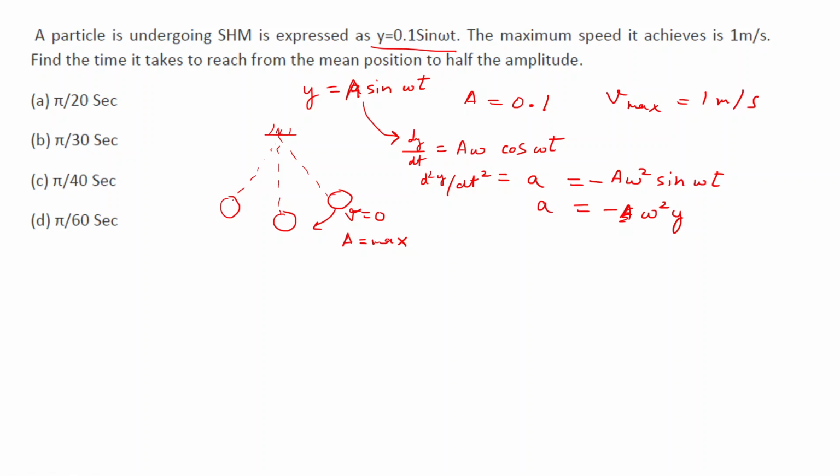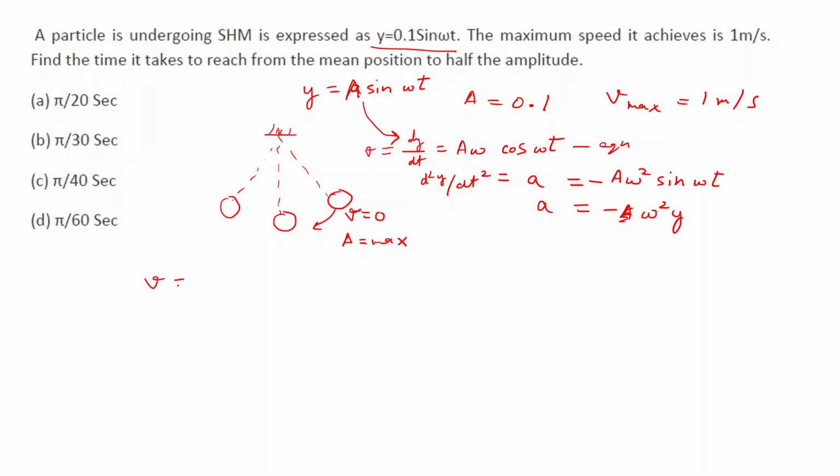So this is the expression. This will be useful later. Right now we'll just calculate it here. So we have been given velocity. Now from this equation here, using this equation, dy by dt is what? Velocity.